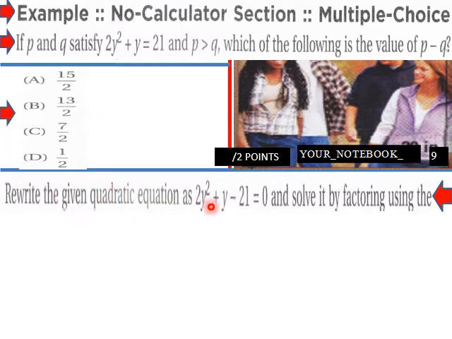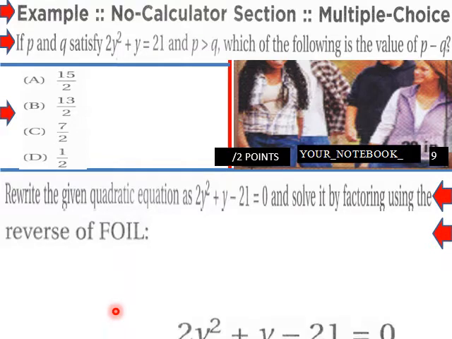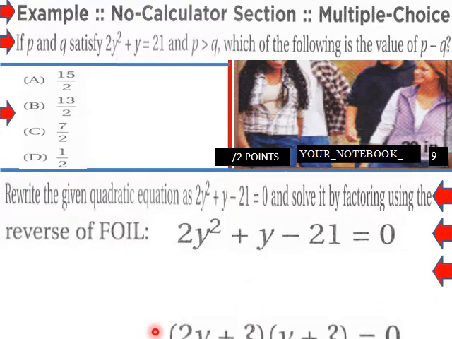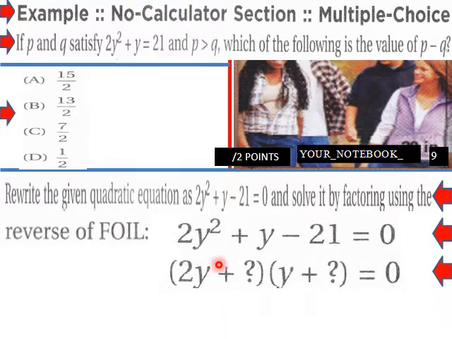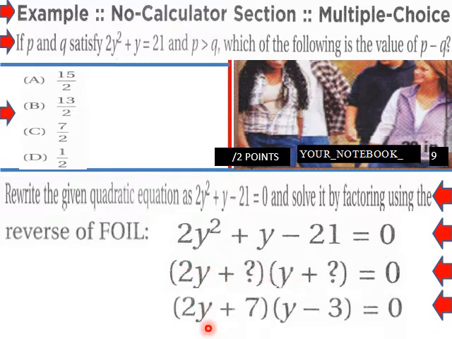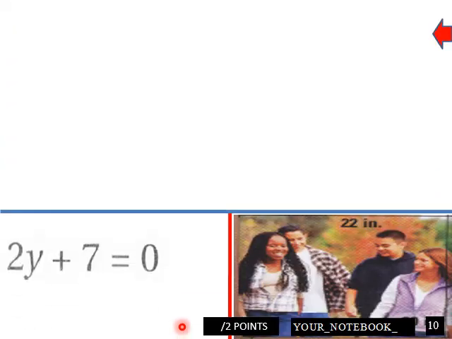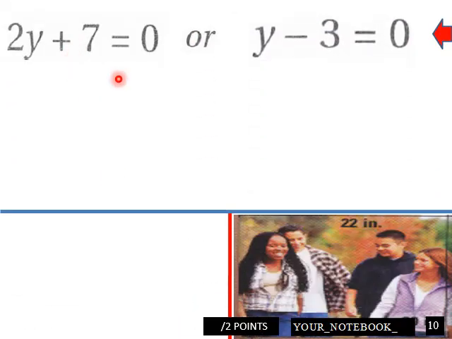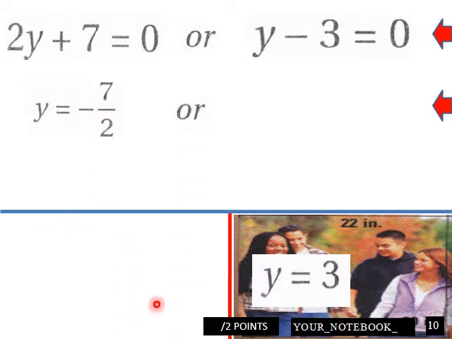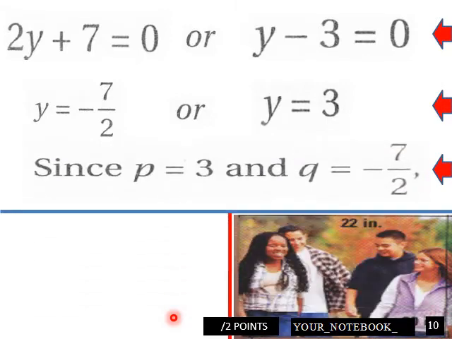Rewrite the given quadratic equation as 2y squared plus y minus 21 equals 0, and solve by factoring using the reverse of FOIL. So there's our quadratic, and we can put it like this. Then 2y plus 7 or y minus 3 equals 0. So y equals negative 7 over 2, or y equals 3.